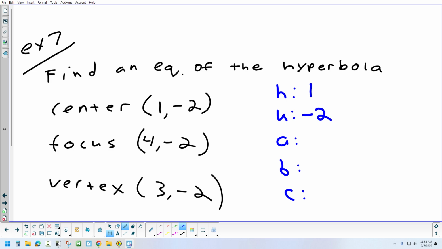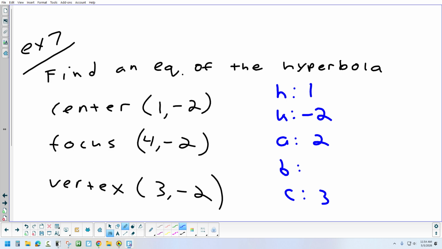How about another letter? Yep. C is 3. C is center to focus, and the difference between 1 and 4 is 3. And one more letter. Easy. Yep. A is the distance between center and vertex. Difference between 1 and 3 is 2.